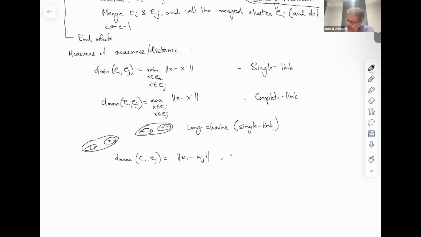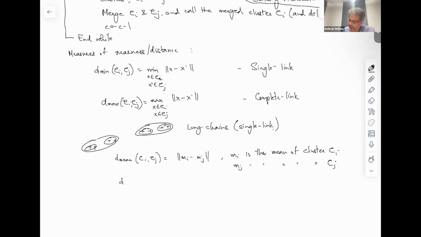Okay, so Mi is the mean of cluster Ci, and similarly Mj is the mean of cluster Cj.